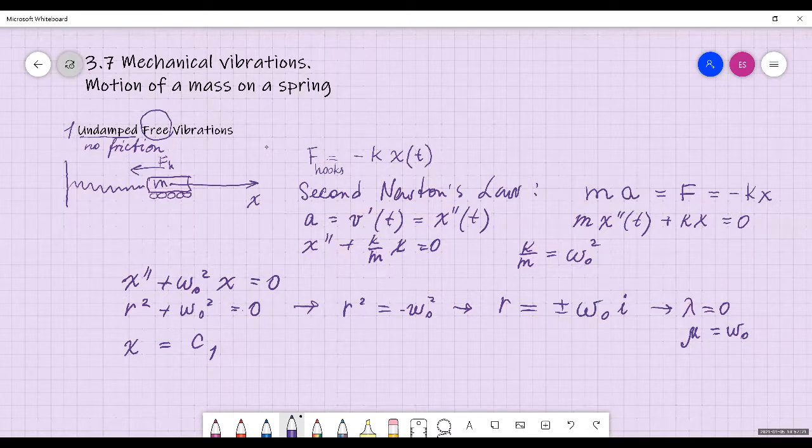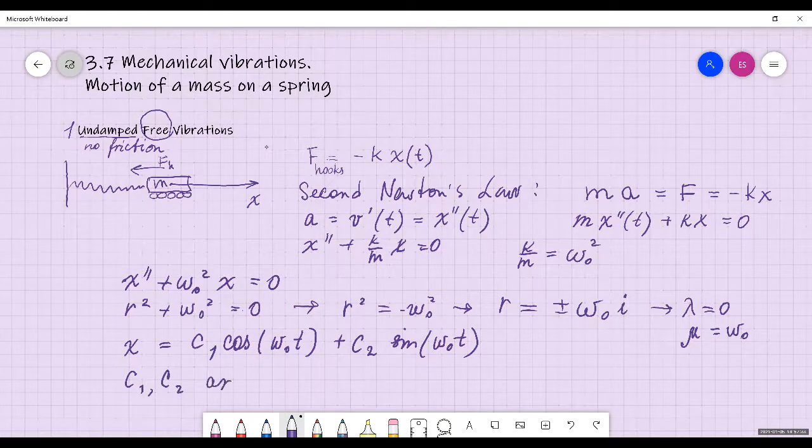So we are going to have C1 cosine of omega 0 t plus C2 sine of omega 0 t. That's the general solution. C1 and C2 are constants which are found from the initial value problem, right? So I'm going to write down that C1 and C2 are defined from the initial value problem.